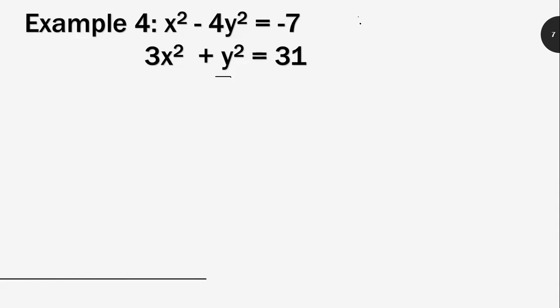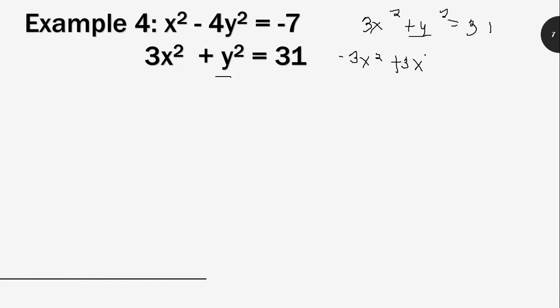So y squared, 3x squared plus y squared is equal to 31. Since y squared ang gusto nating matira dito, so the opposite po ng positive 3x squared is negative 3x squared.